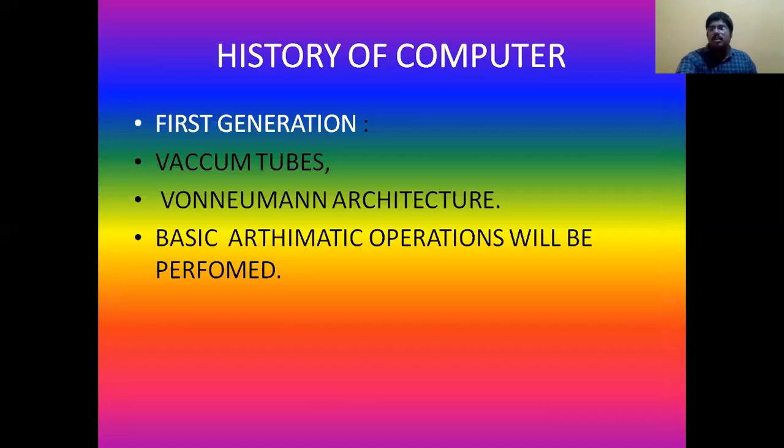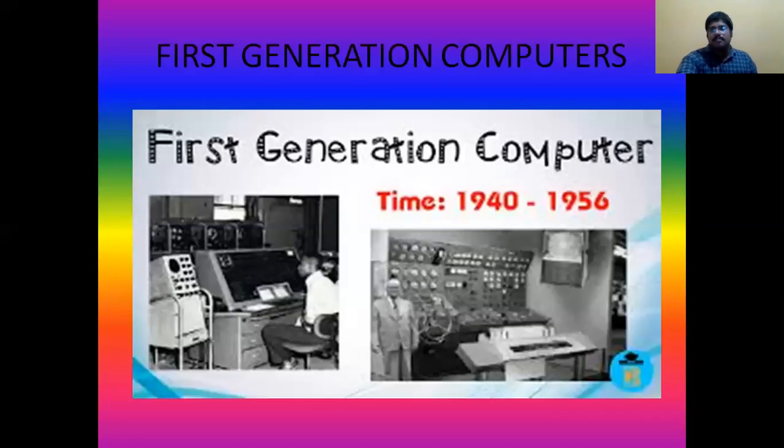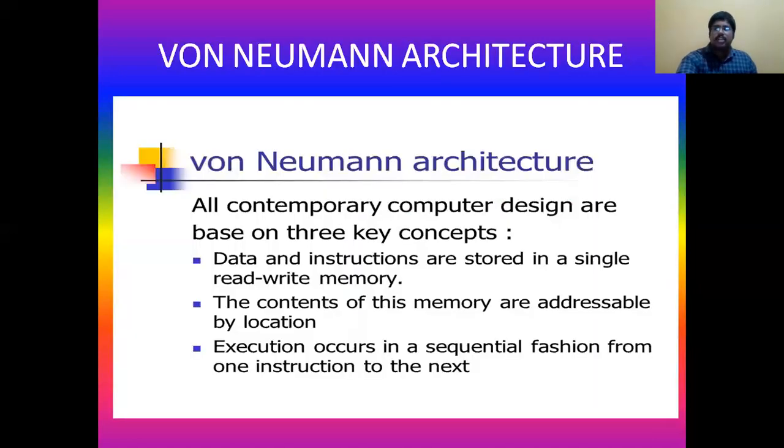In order to know what is meant by von Neumann architecture, I have given the clarity. We even discussed what is meant by von Neumann architecture and what is meant by Harvard architecture, and the basic differences between them.